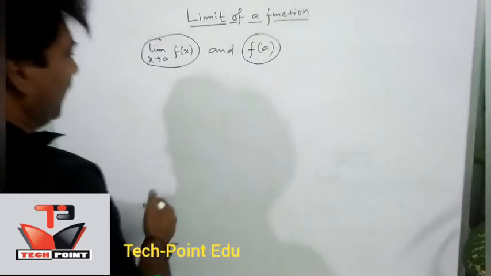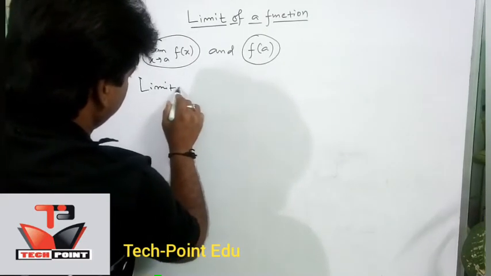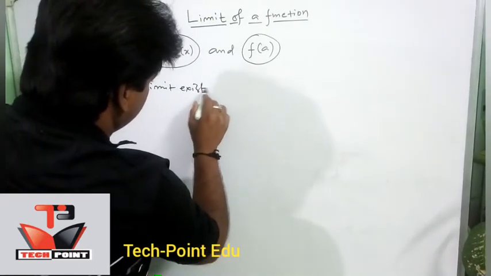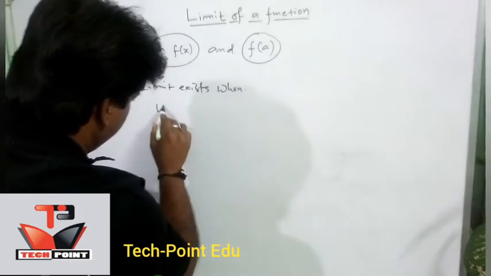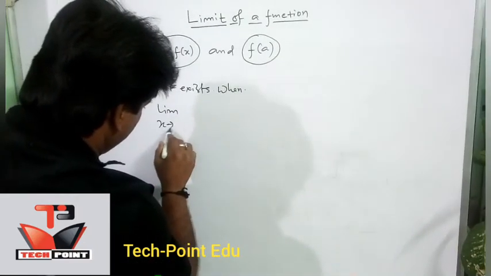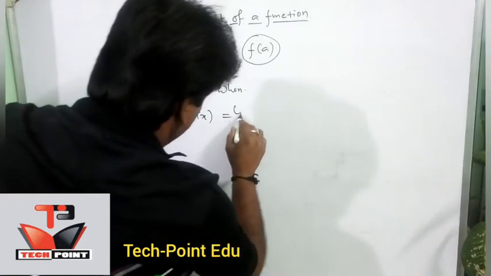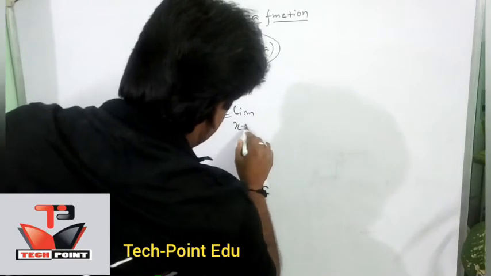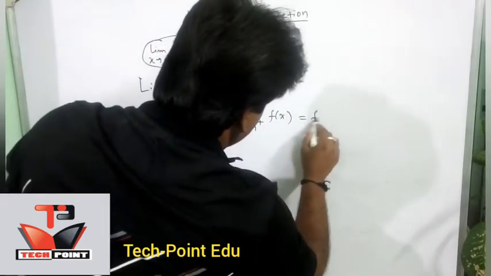Limit will exist when limit x tends to a minus f of x is equal to limit x tends to a plus f of x and is equal to f of a.